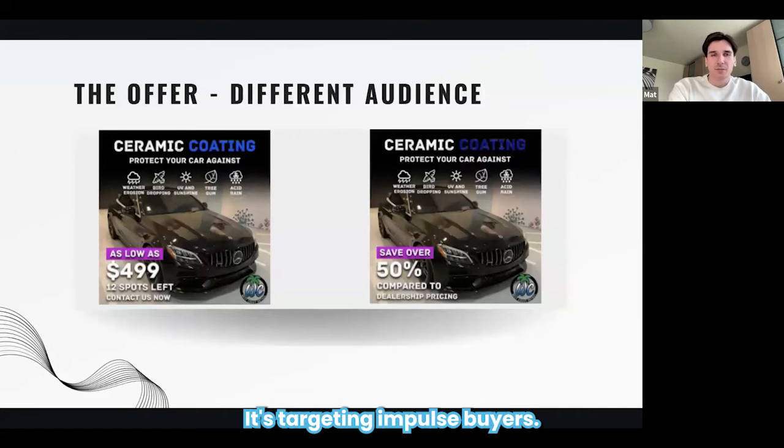It's targeting impulse buyers. So if we are selling something for 500 bucks and there is 12 spots left, people that were considering it in the past, they'll run it. They will get it. They'll buy it right now, this week. Very short sales cycle. But they will be cheap. So they might haggle. They might say, oh, I'll pay 400.